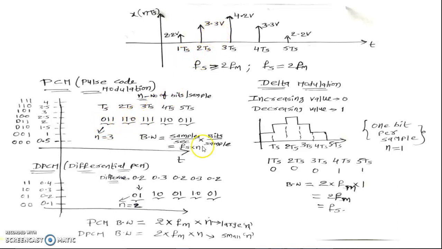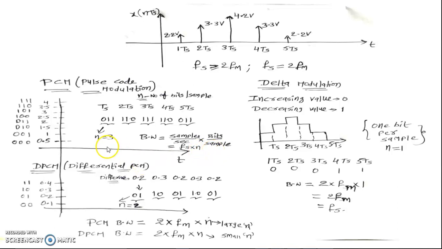So bandwidth is the number of samples per second for that analog signal times the number of bits for each sample. Here n is equal to 3 bits for each sample. So bandwidth is equal to Fs times n, the bandwidth formula for the PCM technique. Here Fs is the minimum sampling rate, equal to 2fm. So the formula is bandwidth equals Fs times n, that is 2fm times n.